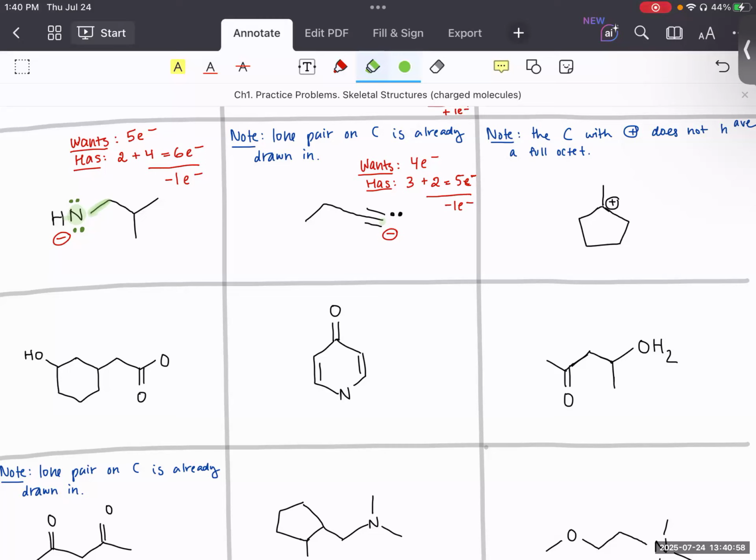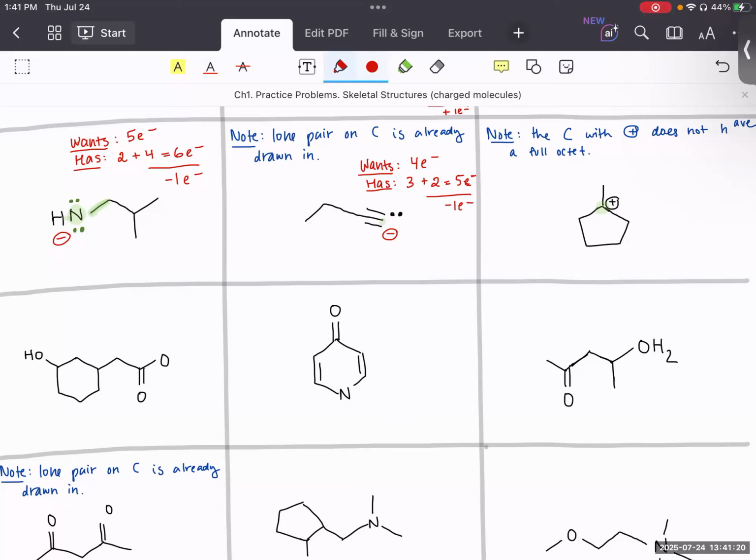All right, let's take a look at this next one. So here I specified in the directions that this carbon over here does not have a full octet. It's a very common motif that we'll see in organic chemistry.